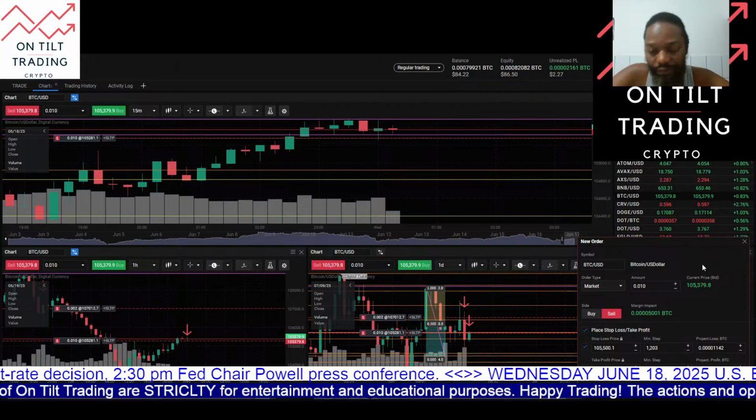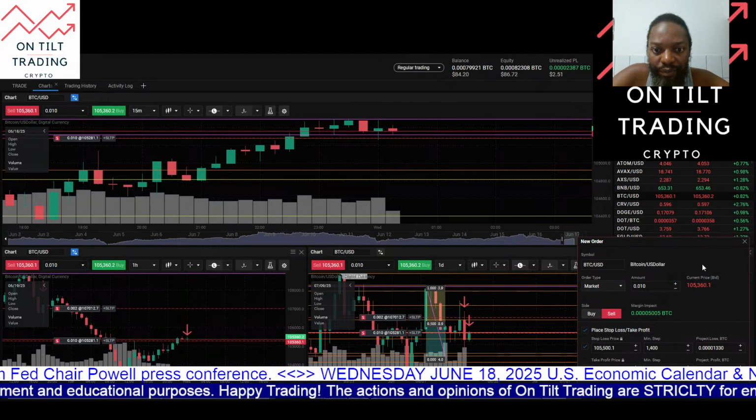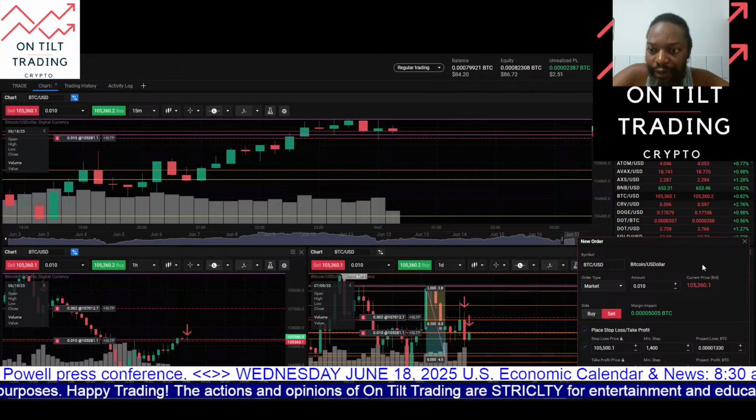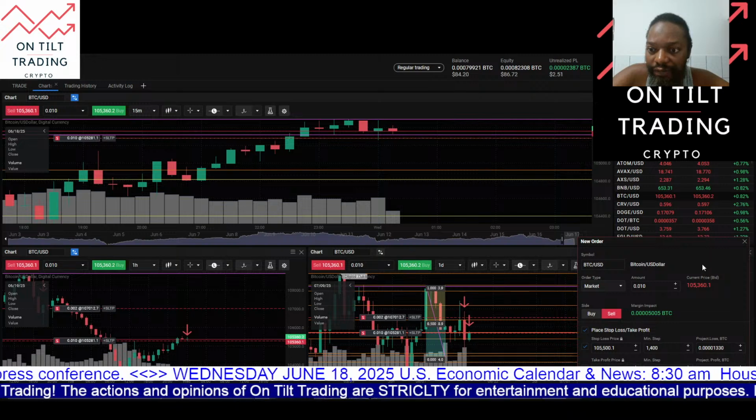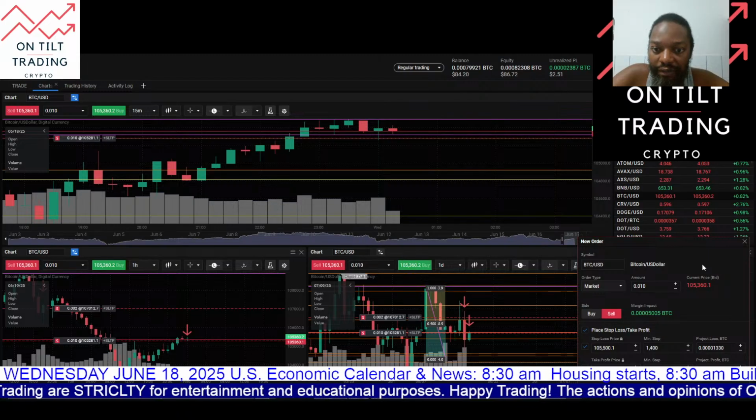Continue to watch. Price still consolidating here around the 105.350 level to the 105.400 level.